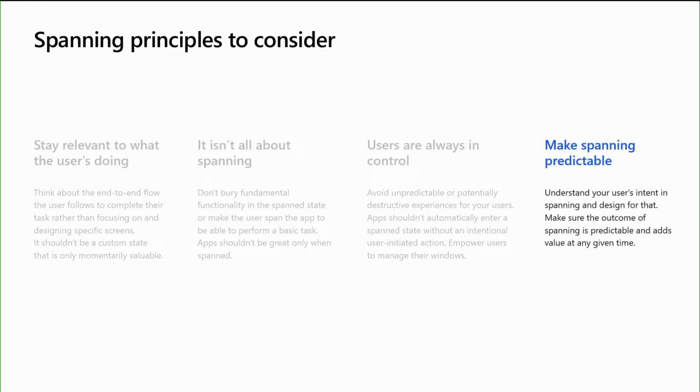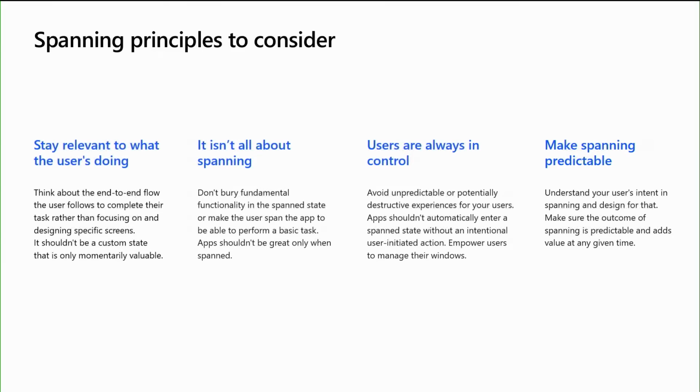Think about the reason why your users might try to span your app in the context and enable that. To that note, it might be perfectly possible that the user might not even expect your app to support spanning. So, you should consider what kind of effort you want to put into your app by really understanding your user's intention when it comes to spanning.